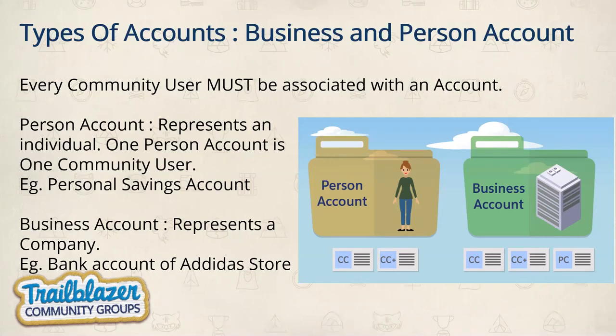There are basically two types of accounts: one is person account and another is business account. Person account, as the name says, belongs to an individual. So let's say there is HDFC Bank, and you have your savings account, so you are a person account for that bank.